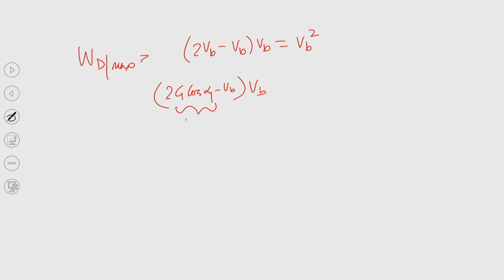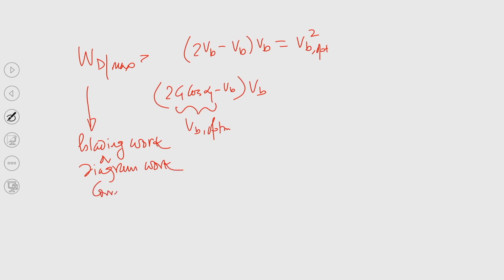Okay. So, this is Vb optimum. So, we will be getting Vb optimum square. Okay. So, now you try to understand. So, this is the blading work or diagram work corresponding to maximum blading efficiency.